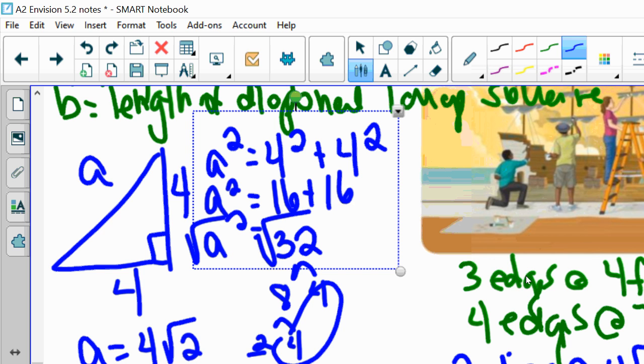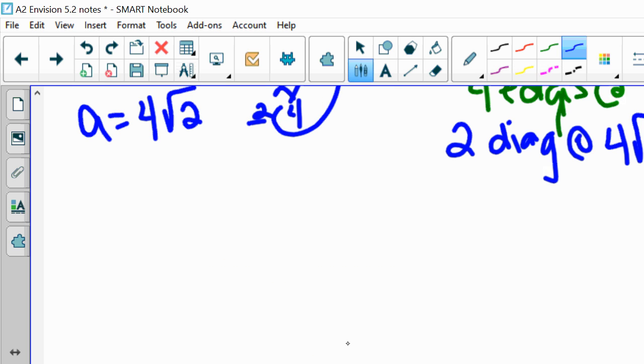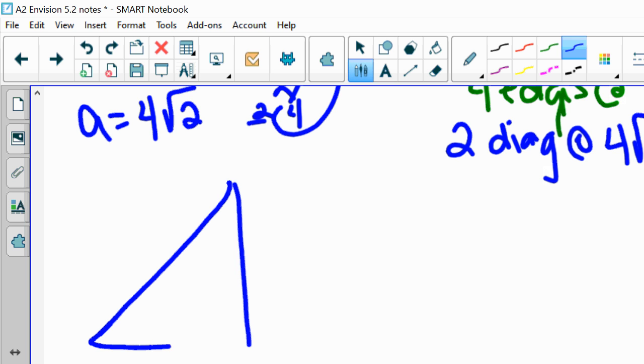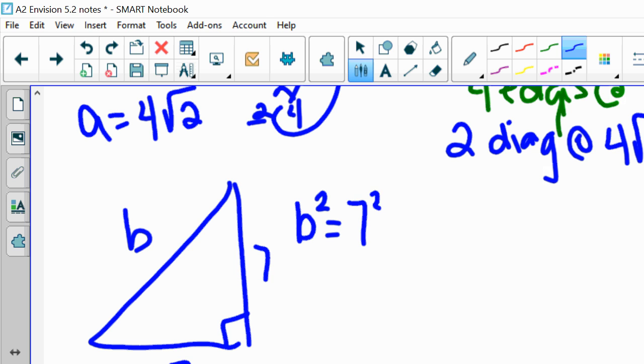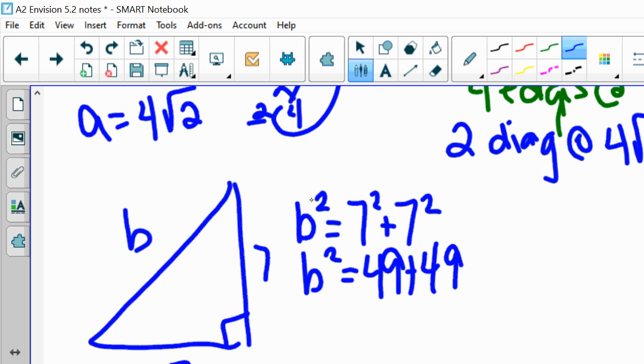So now we're going to do the same thing with the big square. So my big square, this was B. These were 7 and 7. So again, the Pythagorean theorem gets me B squared equals 7 squared plus 7 squared. B squared equals 49 plus 49.